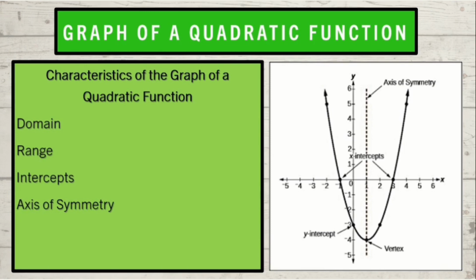Axis of symmetry, wherein the equation of the axis of symmetry is x = 1. Vertex, wherein the vertex of the graph in the figure is at (1, -4), and it has a minimum value since the parabola opens upward or a is greater than 0, and the direction of the opening of the parabola.